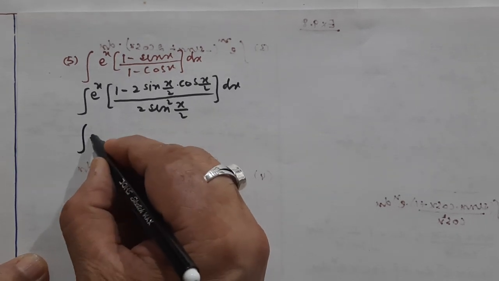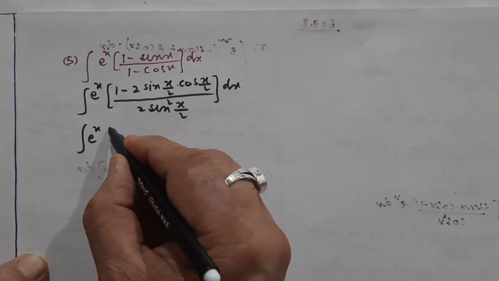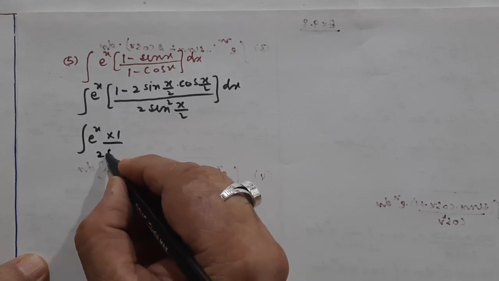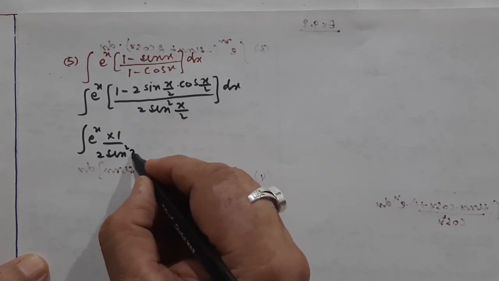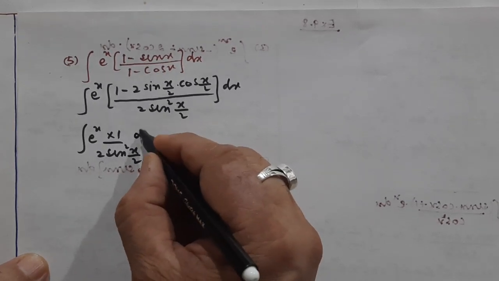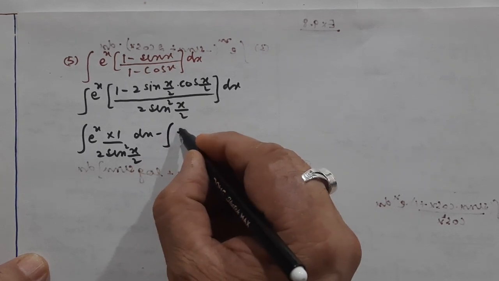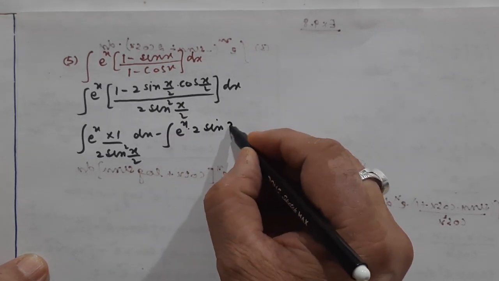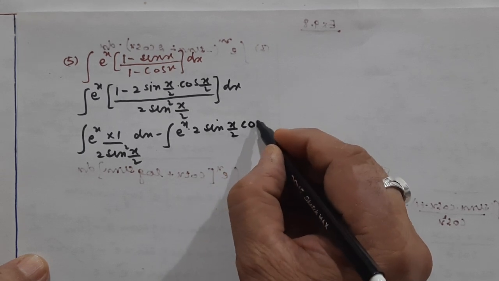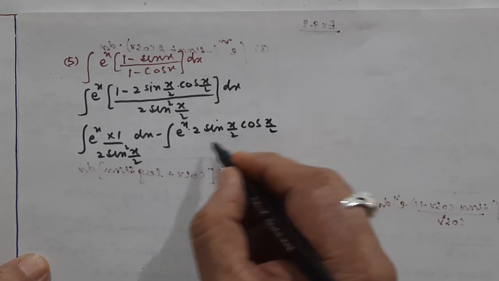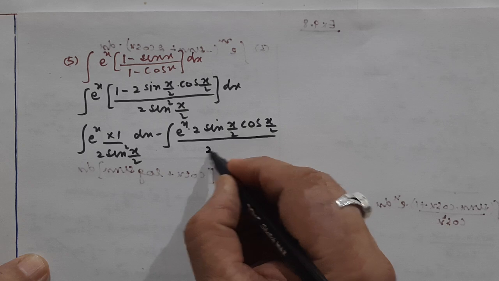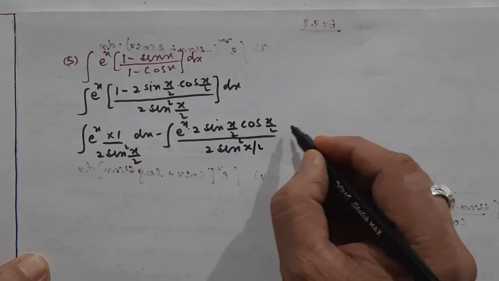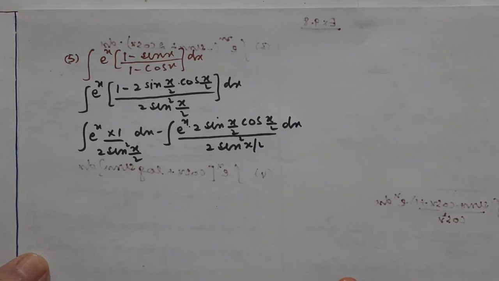Now students, separating the terms, 1 upon 2 sin square x by 2 dx minus e power x 2 sin x by 2 cos x by 2 upon 2 sin square x by 2 dx, like this.